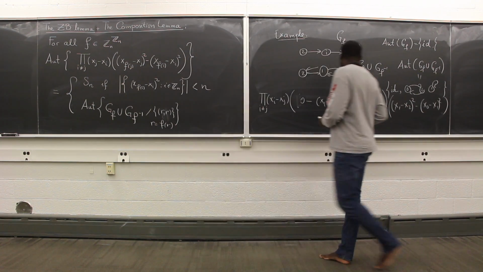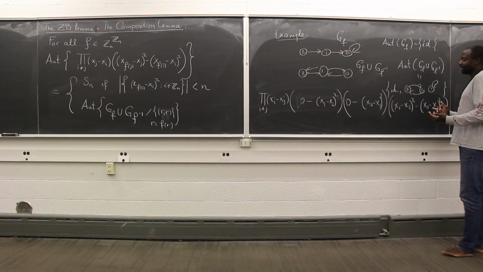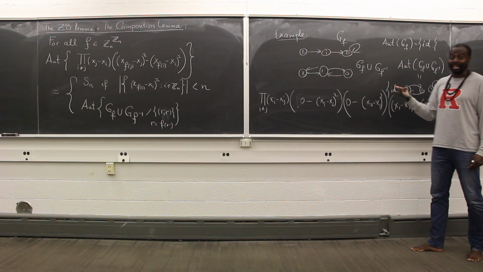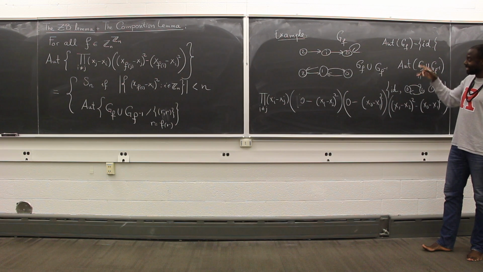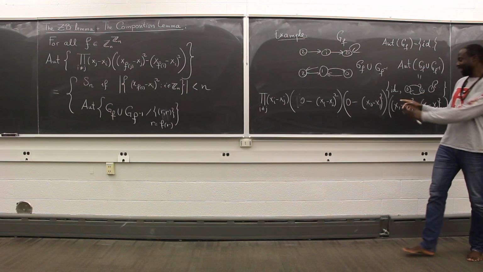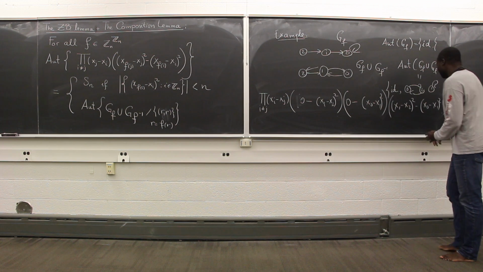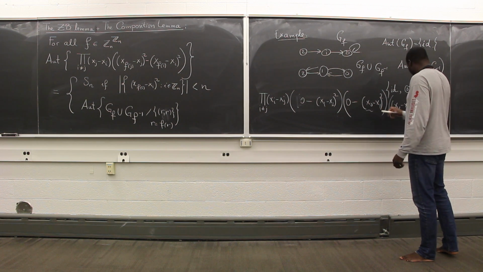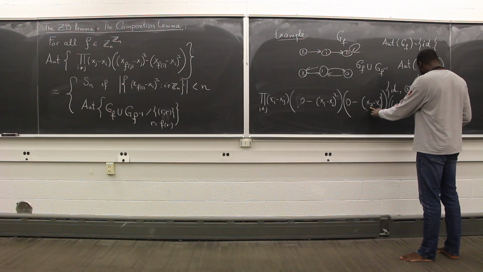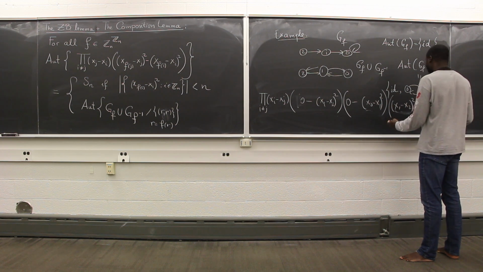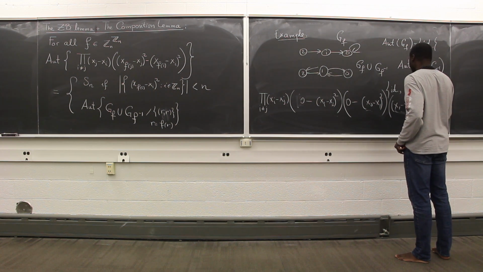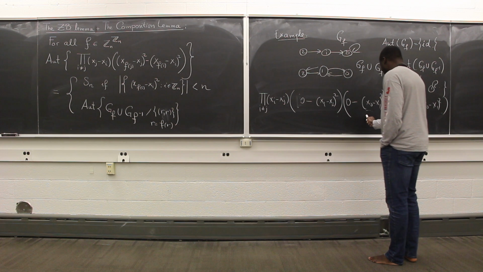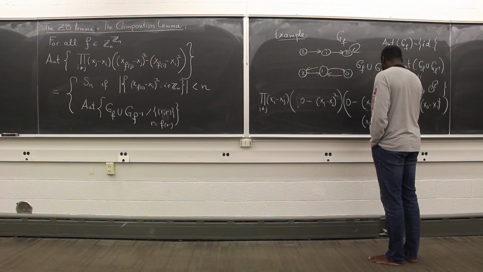You can see that the permutations you do either map edges to edges, or map an edge to a non-edge. If your permutation is in the automorphism group, for example, if you permute x0 and x2, you can see that this edge moves to this edge. So if I permute 0 and 2, this becomes x2 minus x1.